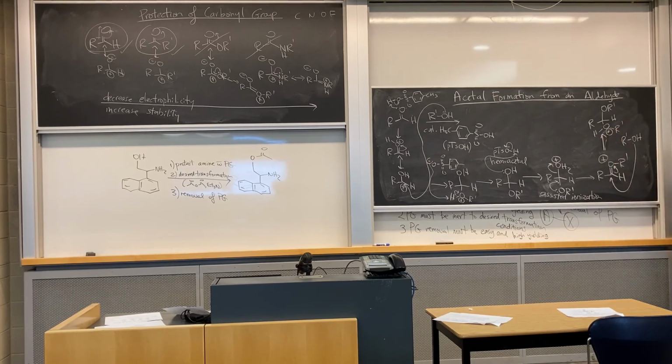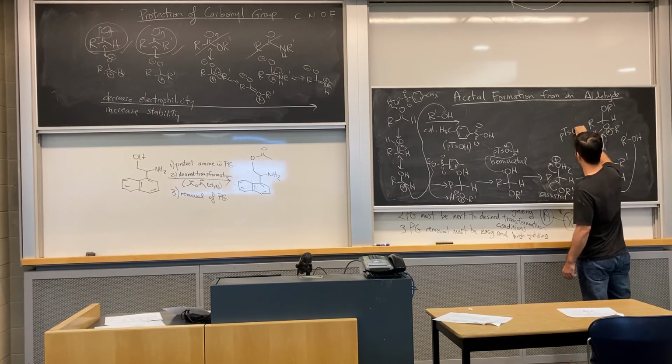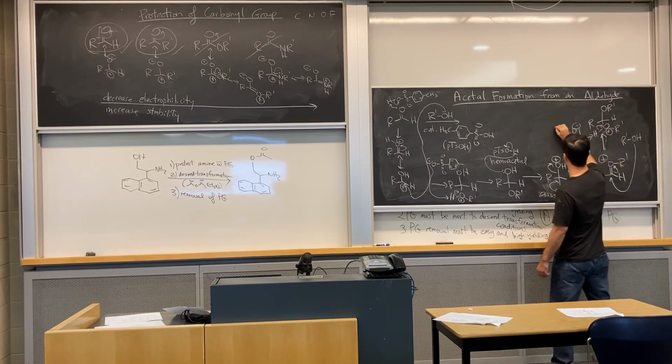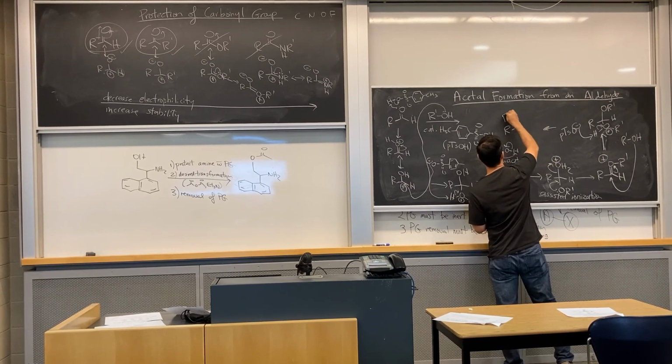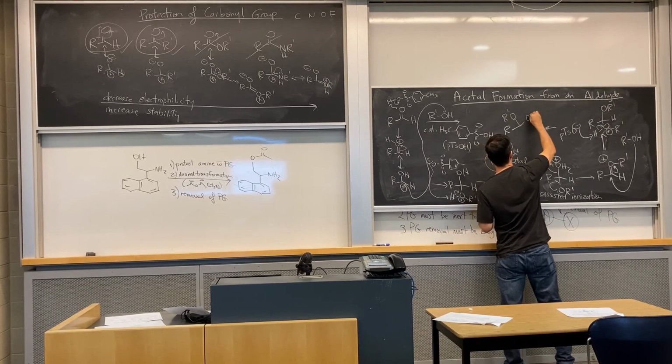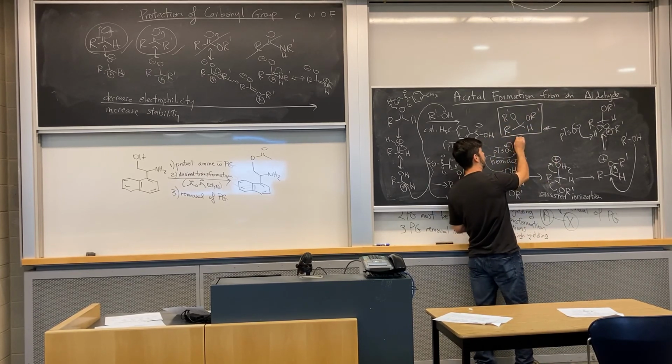You now have your oxygen there positively charged, and then we need to remove this proton, and we can use the conjugate base from para-toluene sulfonic acid again. So the O- will come, remove that, and then what you are left with is this protected form, which is an acetal.